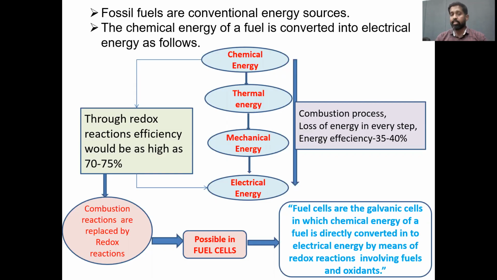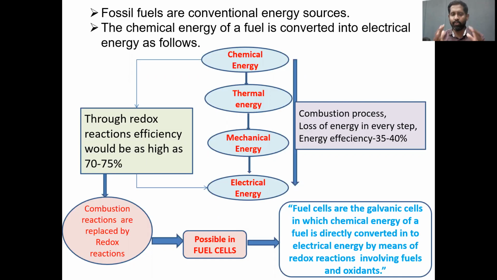If we can replace this combustion process by some other means, we can increase the efficiency. For example, if you replace combustion by redox reactions, the efficiency can be improved to 70 to 75%. So the possibility of replacing combustion reactions by redox reactions exists in fuel cells.